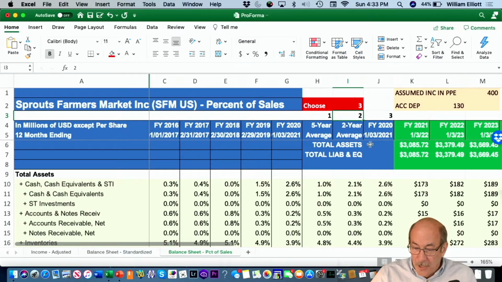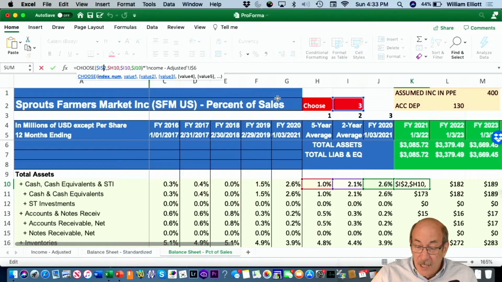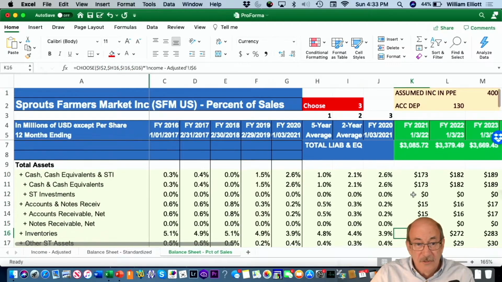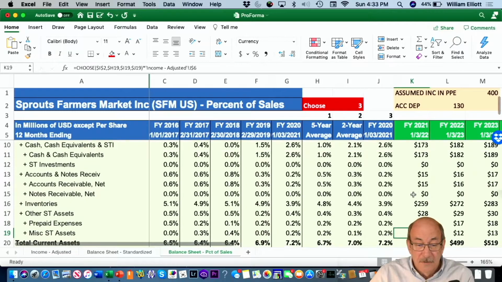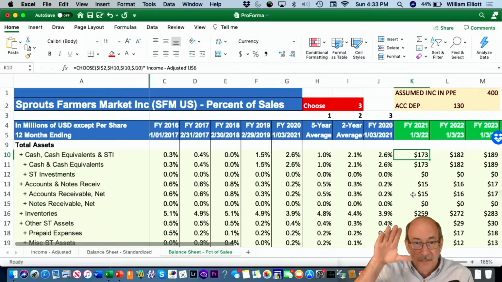So the cool thing about this is that I2 is my index, and then I'm either picking H10, I10, or J10 based upon what's in I2. All right, and I do that for all of these that vary as a percent of revenue. You'll see the CHOOSE. So once I've written the CHOOSE function once, I just copy things down.